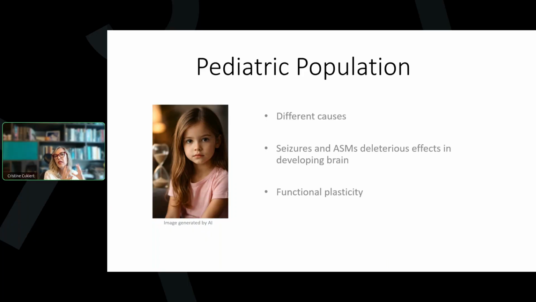So we have to think about all of these things in the pediatric population. And then we have to go very early for these patients, not waste time with them, to go to this kind of neuromodulation. So time matters, especially for the pediatric population.